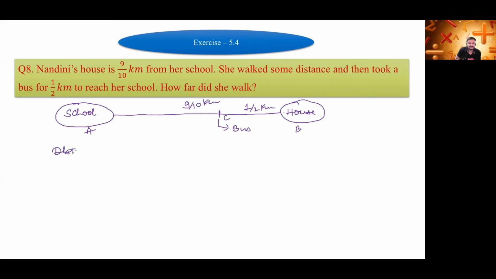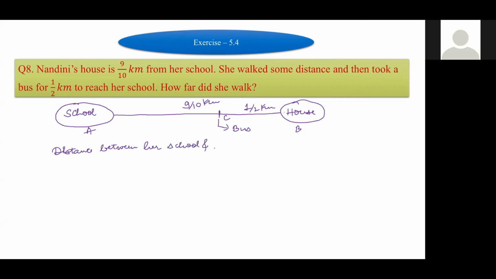Distance between her school and her house is equal to 9 upon 10 kilometers.